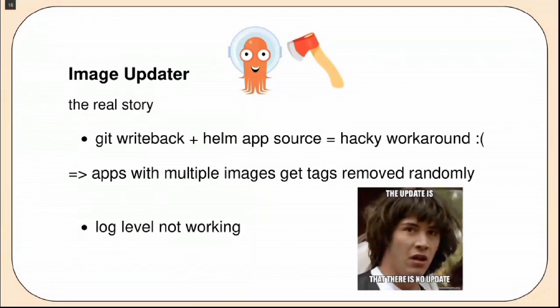You're going to have a bad time. Maybe we have it set up in a quite hacky way, and what happens is that apps with multiple images get the tags removed randomly. That sounds horrible, but we have it covered, so it doesn't deploy or undeploy anything. It just messes up the history of the final layer application.